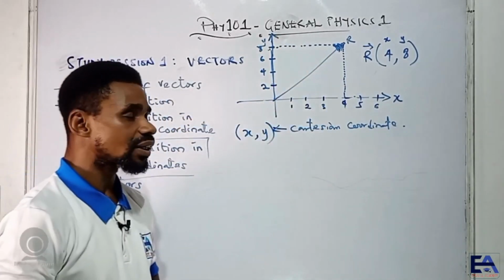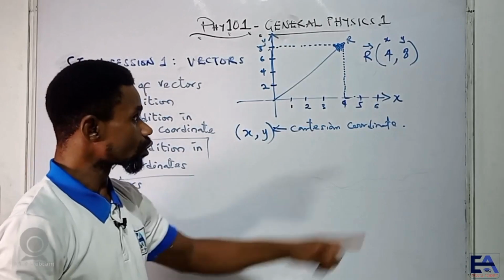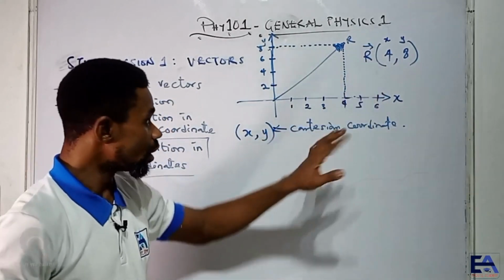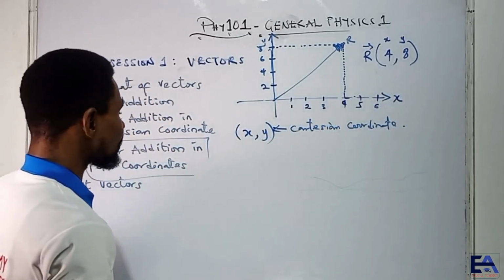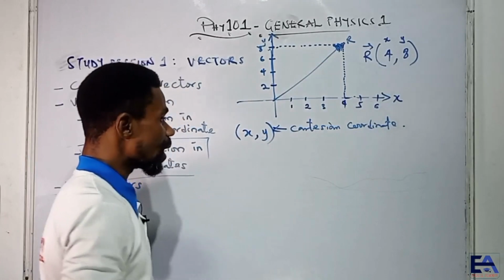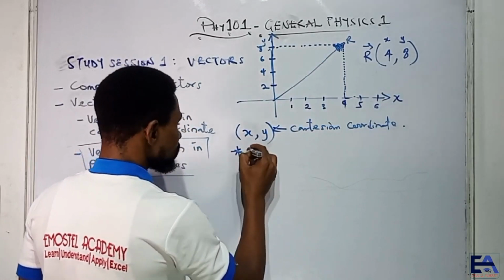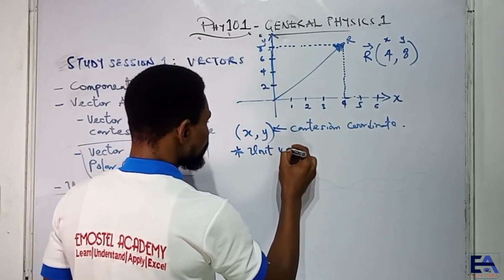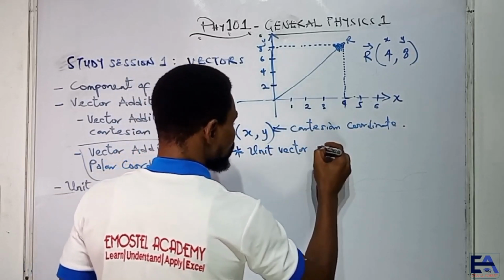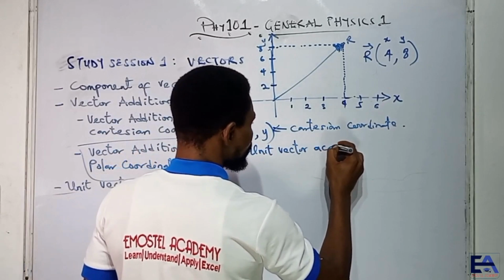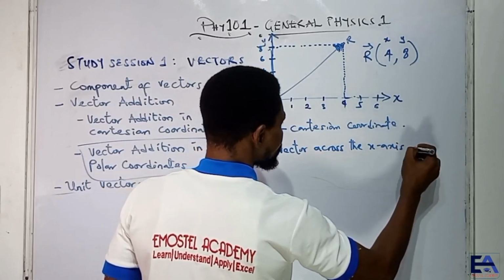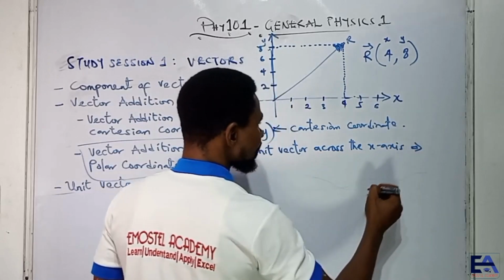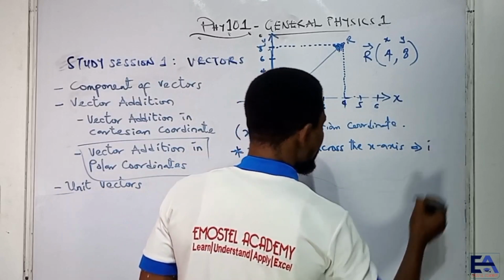But alternatively, there is a way you can also represent this same vector if you do not want to do it this way. But you should understand that the unit vector across the x-axis is represented by i.